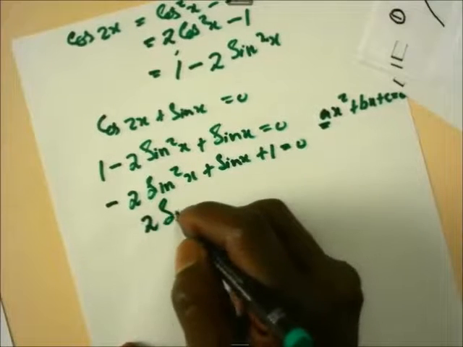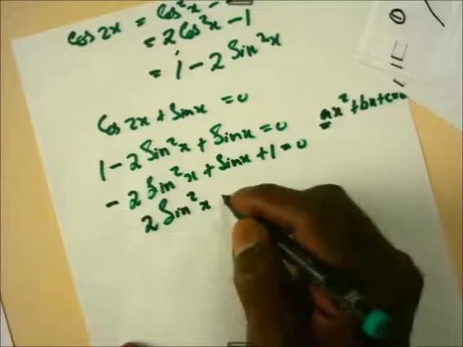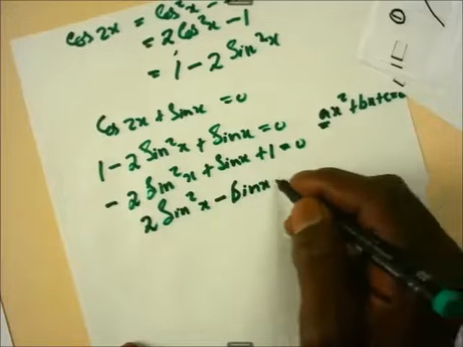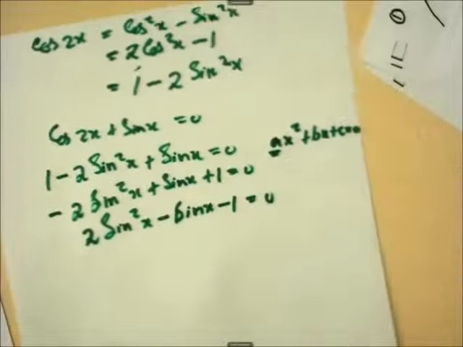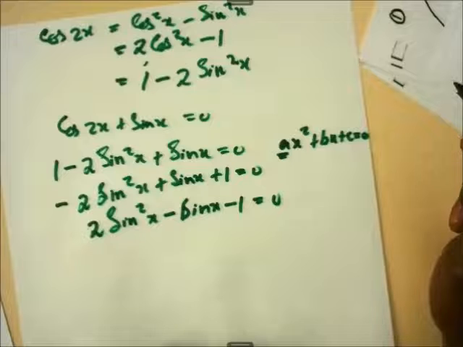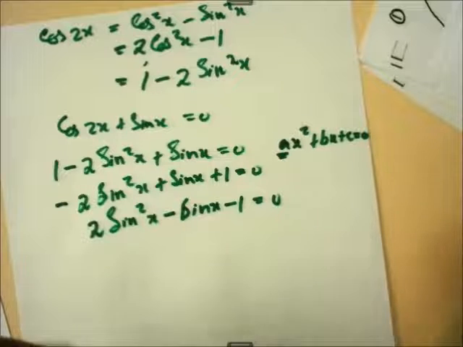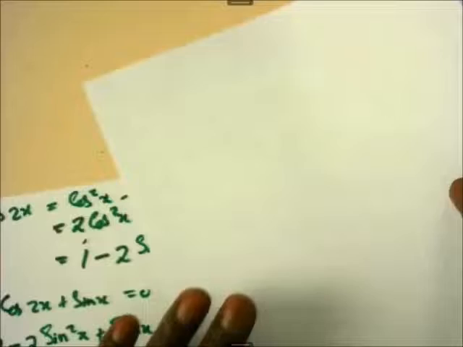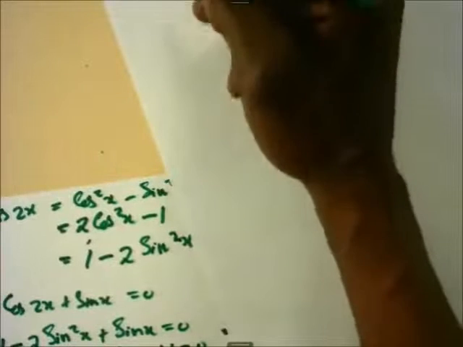So I'll have 2 sine squared x minus sine x minus 1 is equal to 0. Now that I'm remembering my algebra so much, can I use my algebra maybe to factorize this? Okay, I'm going to relate this.